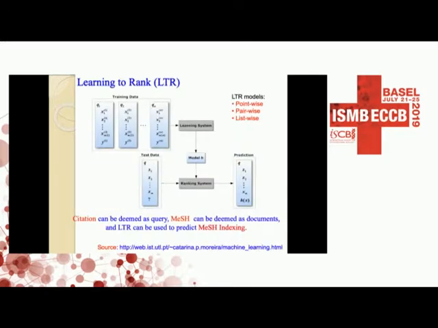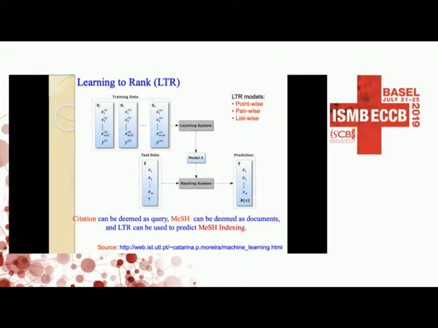Anyway, our work is based on learning to rank. The learning to rank method is widely used in the search engine industry. For example, given the training data, the queries and documents, we try to learn a ranking model to rank the documents with respect to a specific query.